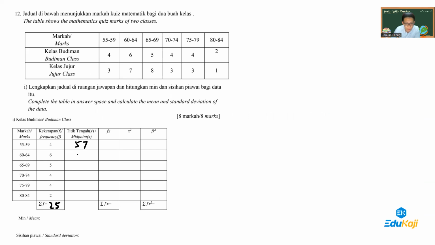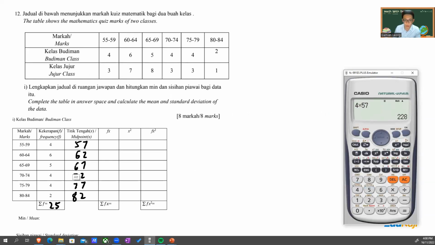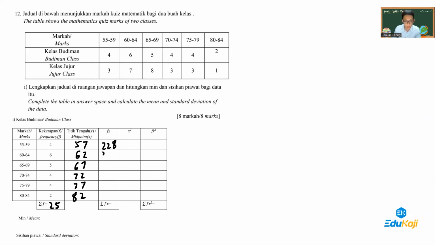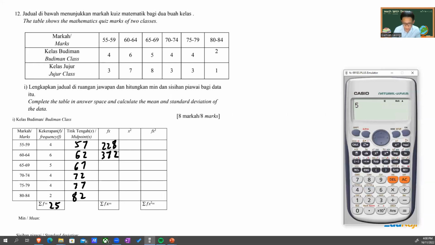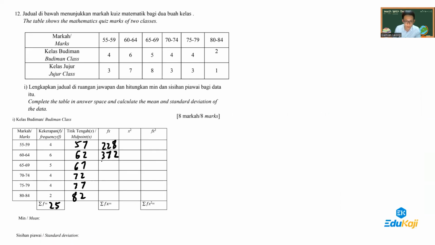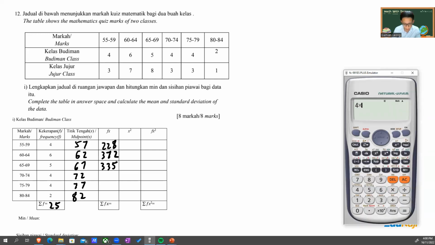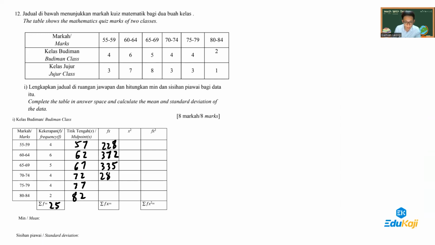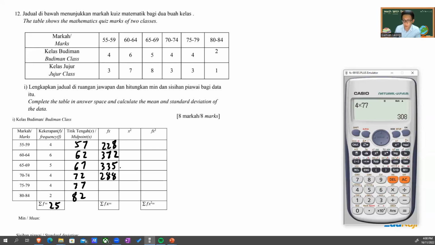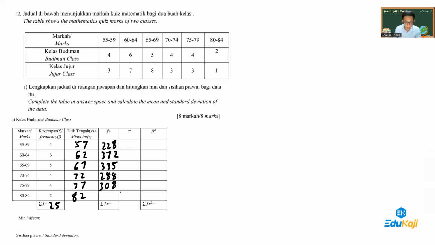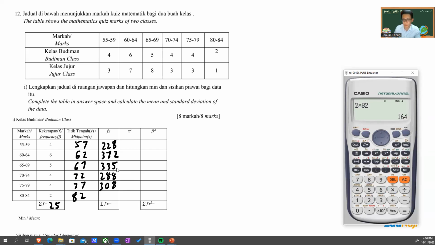So this is 57, 62, 67, 72, 77, 82. fx, frequency times the midpoint. 4 times 57, 228. 6 times 62, 372. 5 times 67, 335. 4 times 72, 288. 4 times 77, 308. 2 times 82, 164.